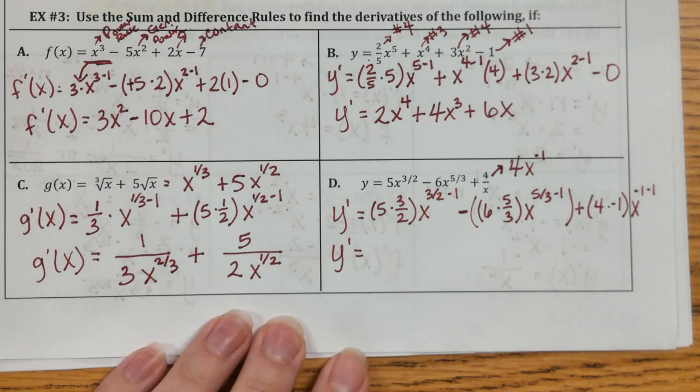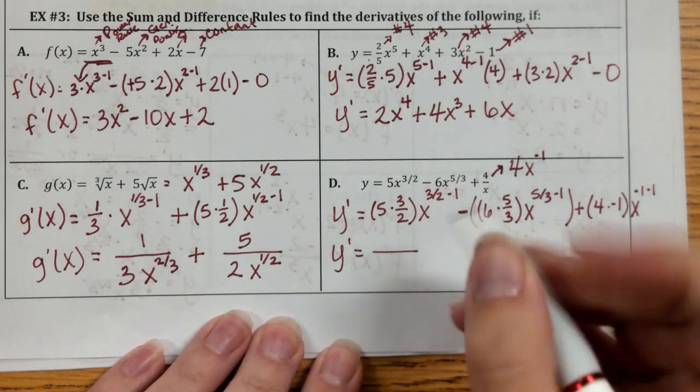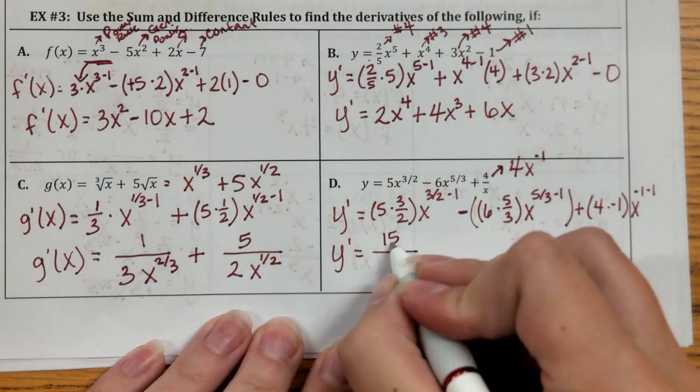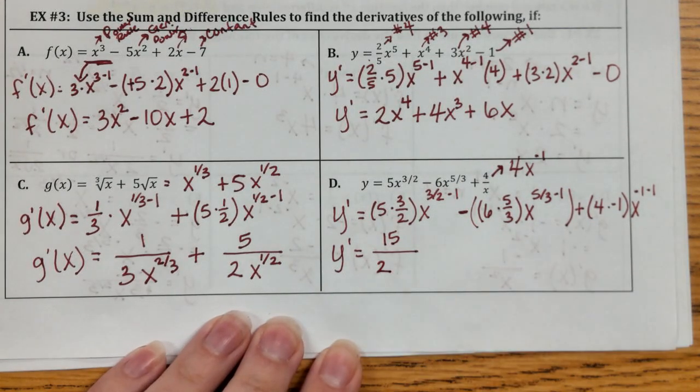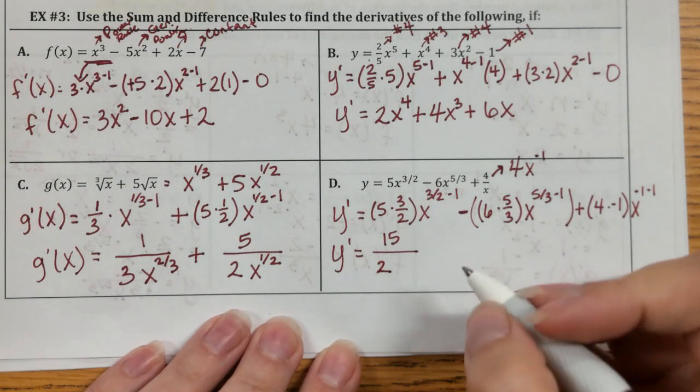Okay, so starting with our first one, 5 times 3/2. It's not 10. It's 15/2. Okay, and then what is my x? X to the 1/2.